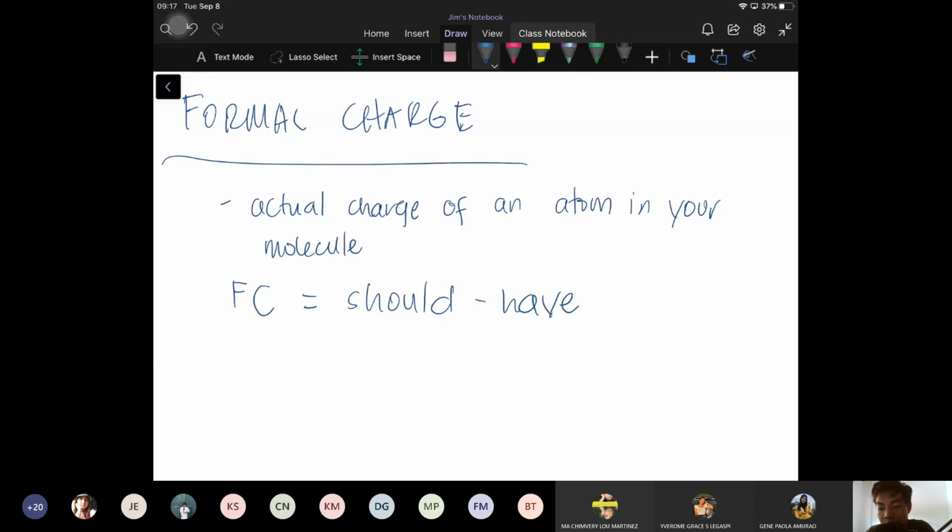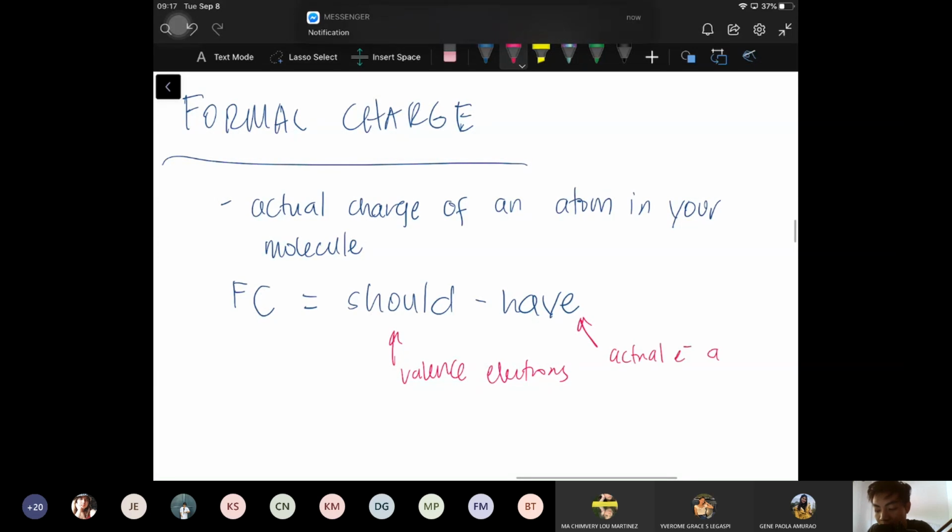When we say should, this pertains to the valence electrons. When we say have, this is the actual electrons around the atom. Okay, so yung actual electron around the atom.